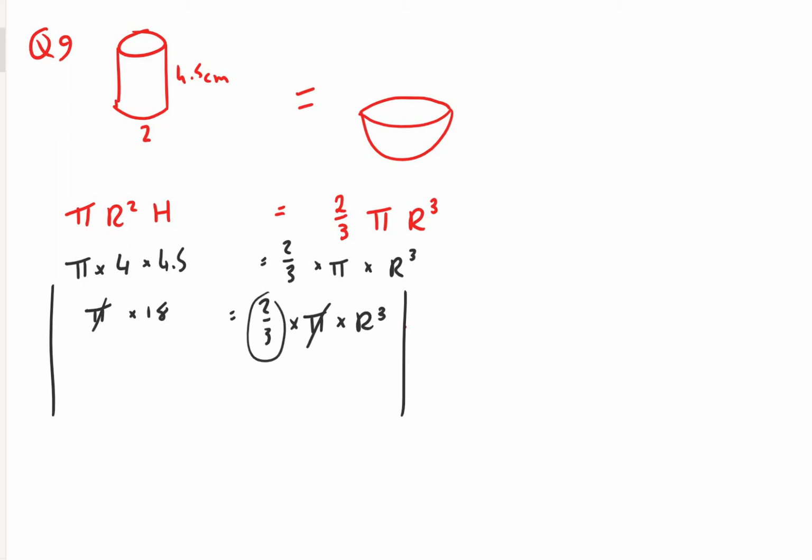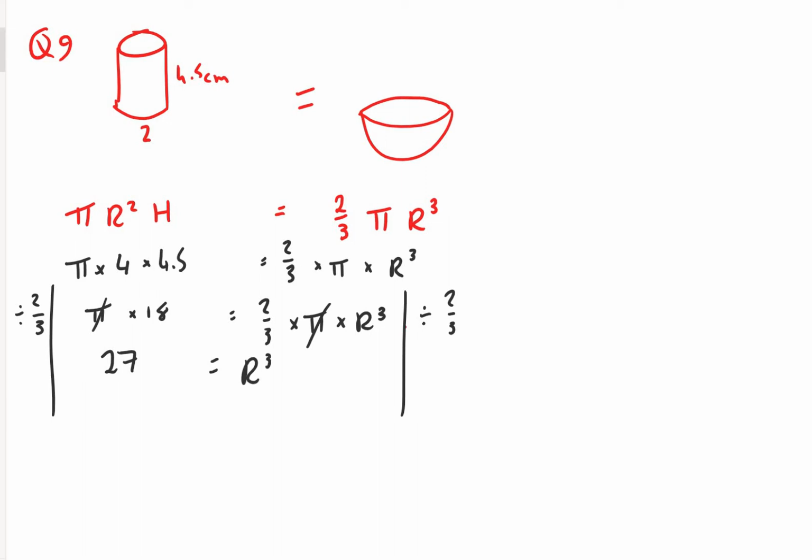We have 2/3 multiplying over here, so I want to get rid of that, so I'll divide by 2/3. So 18 divided by 2/3 equals 27, and that's right, okay, because we're dividing by a fraction that's less than 1, so it's going to make the 18 increase.